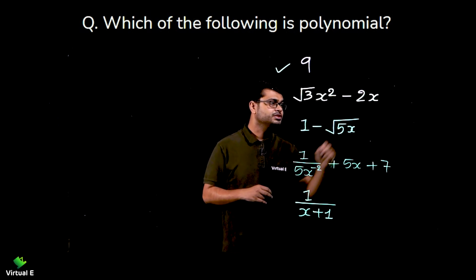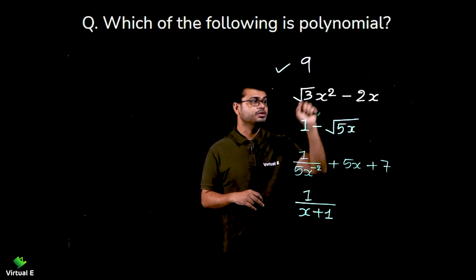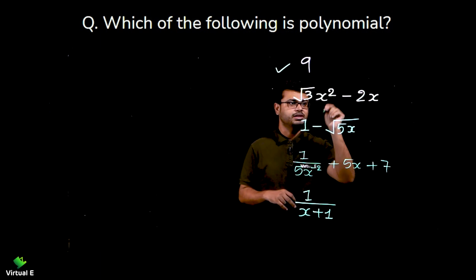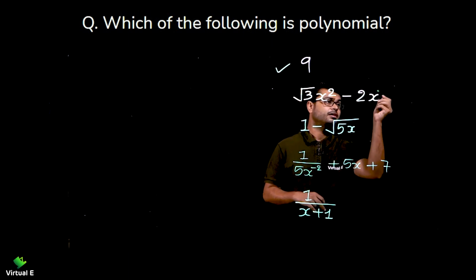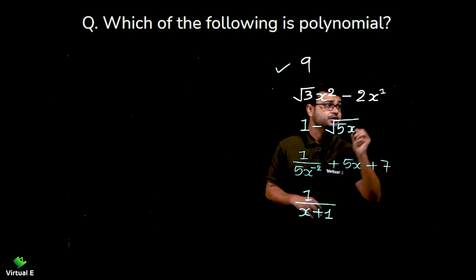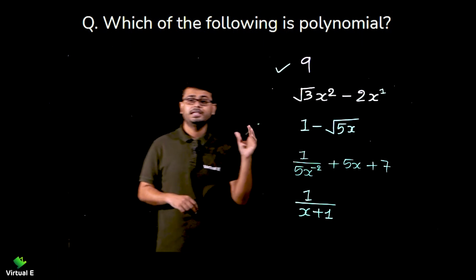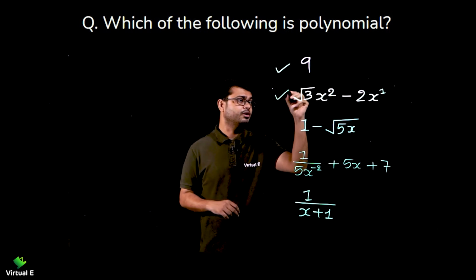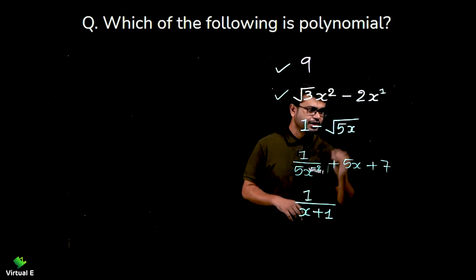Let's discuss the second one. Root 3 x square minus 2x. Again, ignore everything else and focus on the power of the variable. Here it is 2, okay, integer and positive as well. Here nothing means we can consider it as 1, right? So it is positive and an integer as well. So it is a polynomial. Now come to the next one, 1 minus square root of 5x.